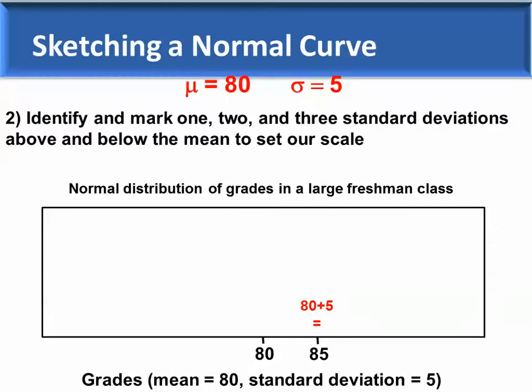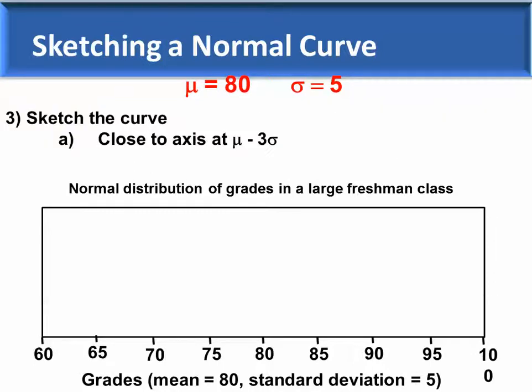So the way we do this is we add the standard deviations. 80 plus 1 standard deviation is 85, 2 standard deviations is 90, 3 standard deviations is 95, and we do the same thing in the other direction. Standard deviation is 5, therefore our points are going to be 5 apart. And we can throw on another 5 at the end just to mark all the way out, because again, at 3 standard deviations, it's not quite 100% touching.